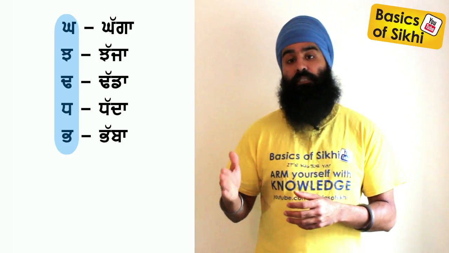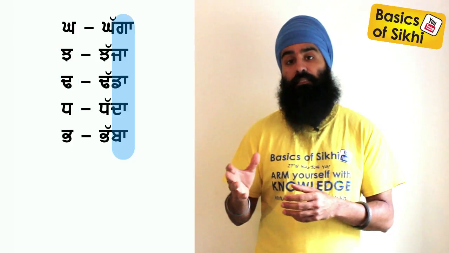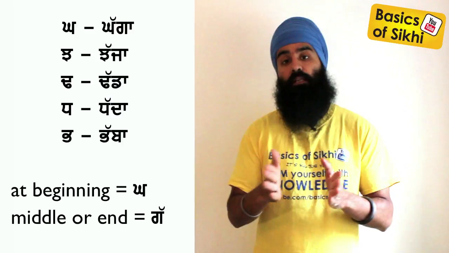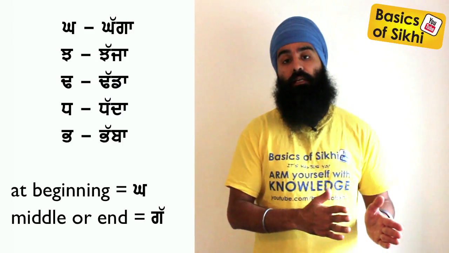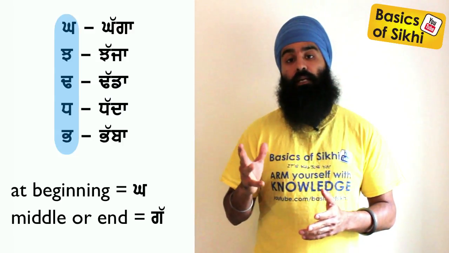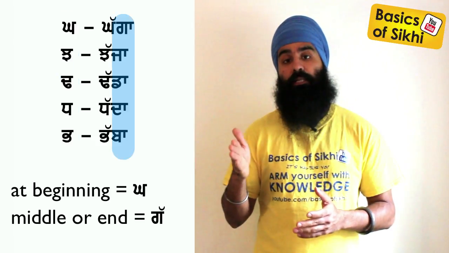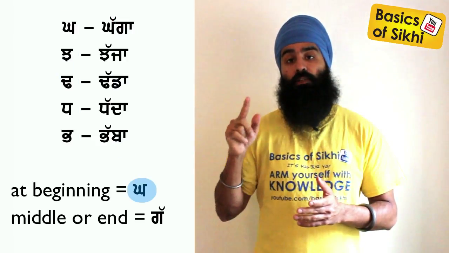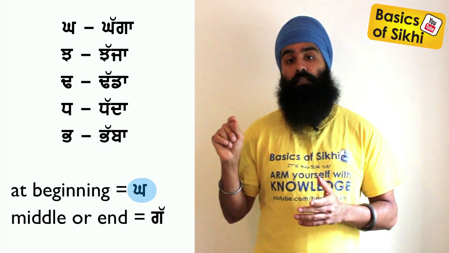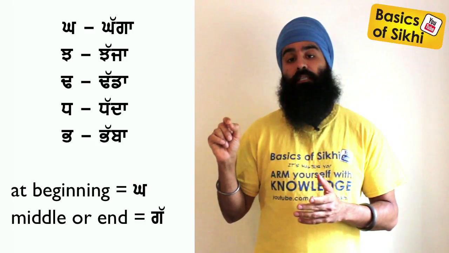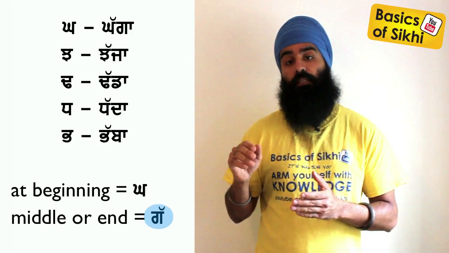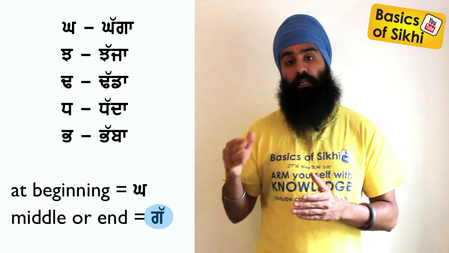However, because the second part of their letter is a bit different, if they're in the middle of the word or at the end of a word, then you don't pronounce the first sound, you pronounce the second sound. You take the Kagga, which has got an adak, and the Gagga, you then pronounce the Gagga with an adak. You don't pronounce Gagga by itself, it's a little bit more emphasis, the Gagga with the adak.